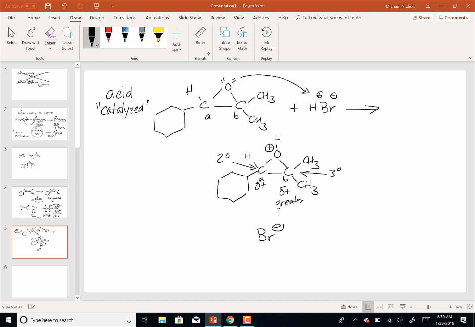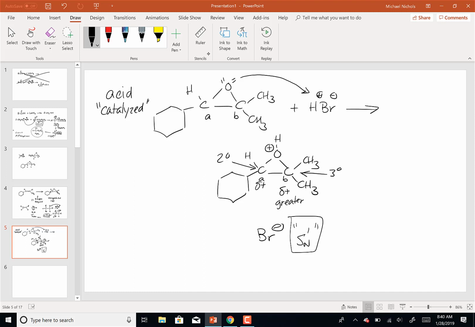So this looks more like SN1 because that bromine is going to add to the carbon with the greatest delta positive charge, because that carbon is the most substituted. The reason I say it looks like an SN1 reaction is because I don't have a full-blown tertiary carbocation.